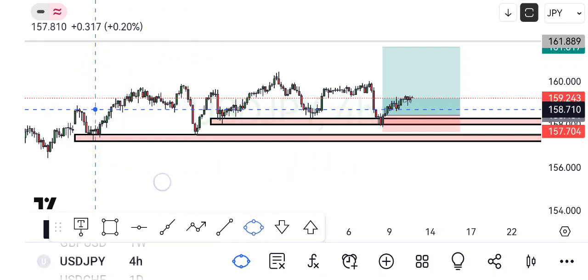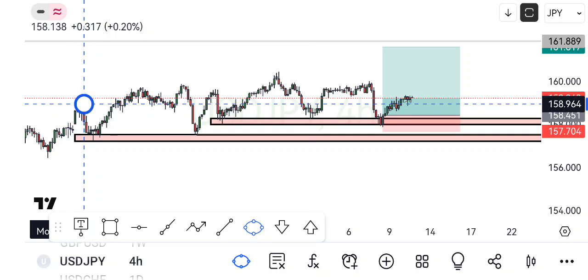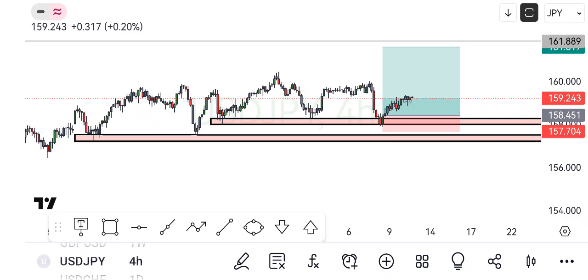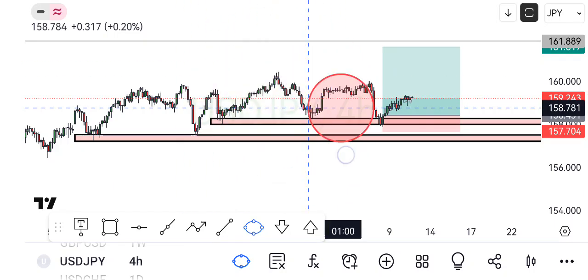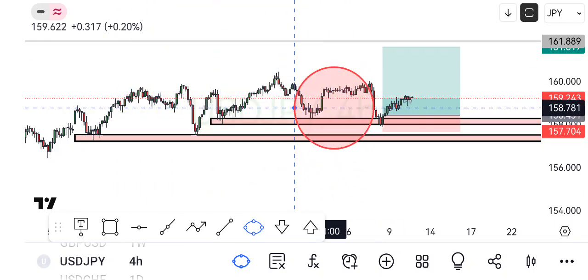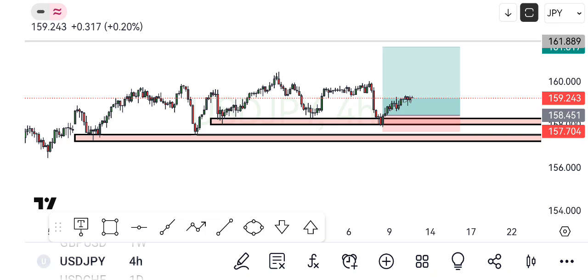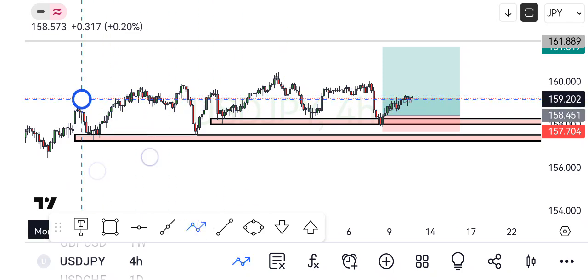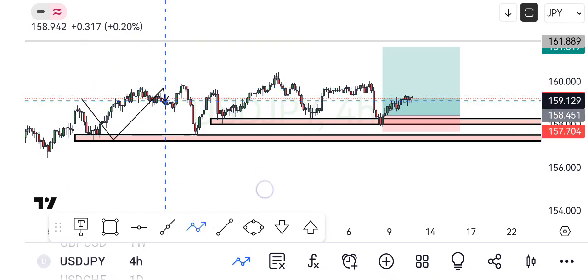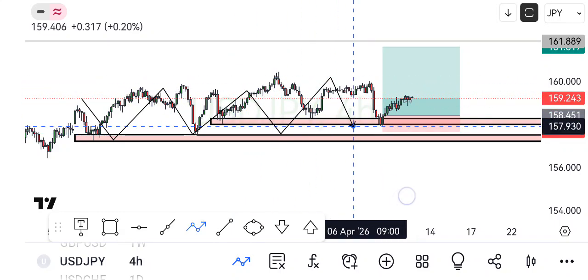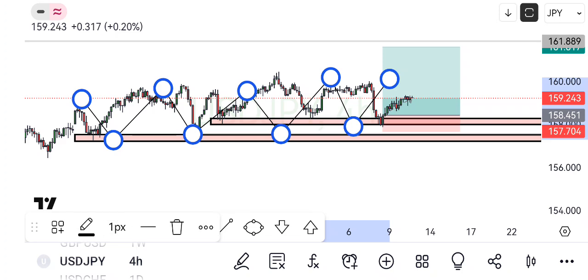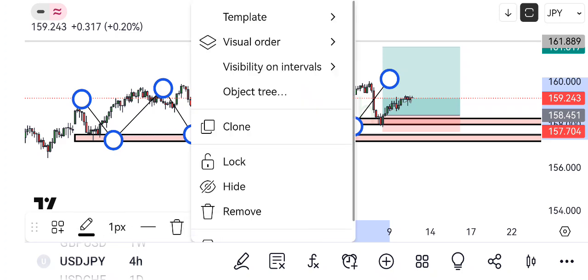Even though it seems to be going sideways, guys, this thing I don't know how to operate anymore, but it's fine. Even though the price seems to be going sideways like this, there are still proper areas which I did identify.